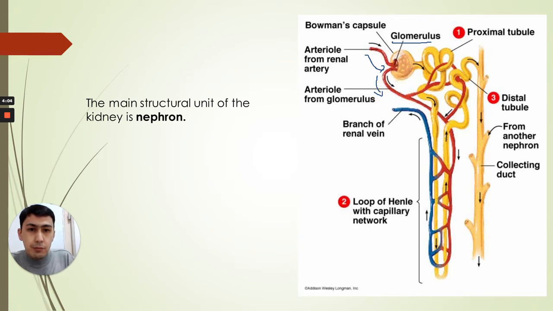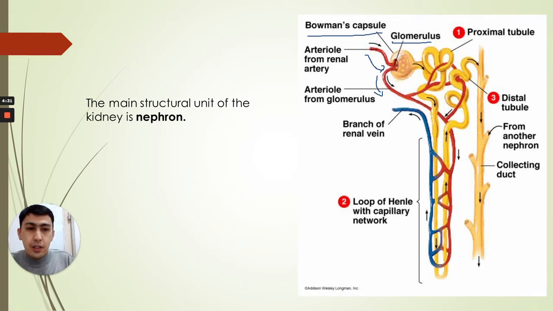The glomerulus is covered with the Bowman's capsule. The excess water and unnecessary products are pushed by pressure from the glomerulus to the Bowman's capsule, to the proximal tubule, to the loop of Henle, and then to the distal tubule.